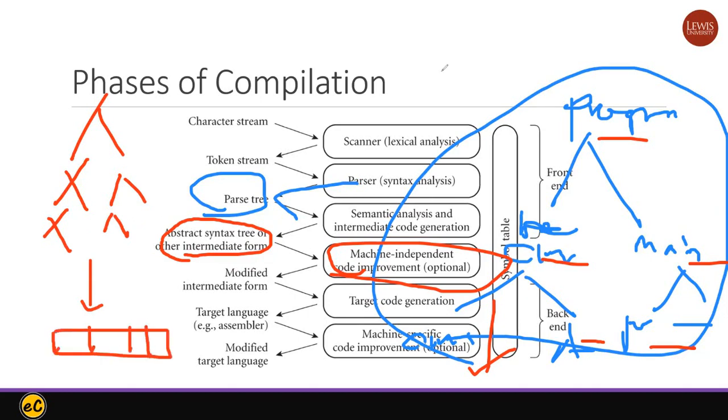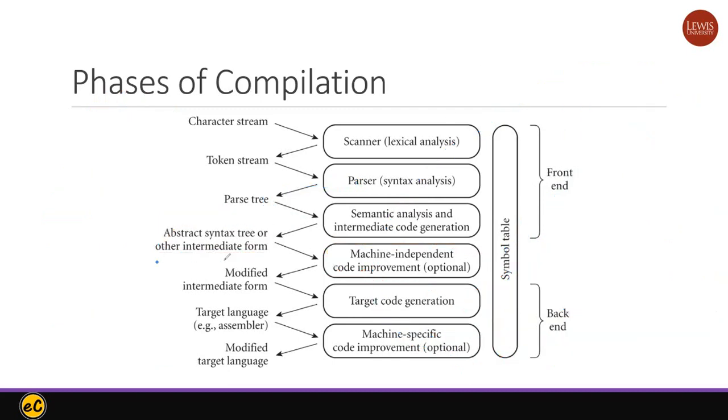So we taught you what a tree is, and also how to recursively go through the tree, which is actually exercising this abstract syntax tree. Okay, that's the purpose of that project.